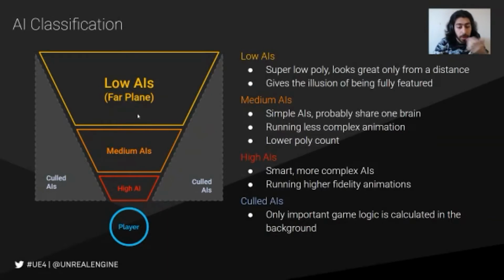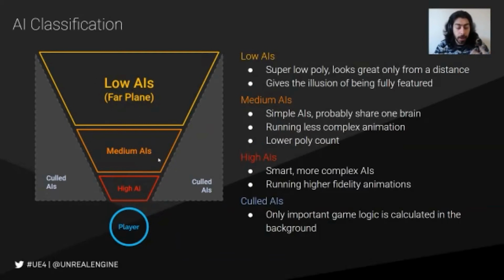Because even if you have thousands of AIs, the player will only be able to interact with how many? 20, if you're lucky. And everything that is not in the player's view, well, you make them disappear. You would still have some logic to calculate their position possibly, but everything else would be disabled. Now with particle effects, this is where they usually excel at doing low AIs.